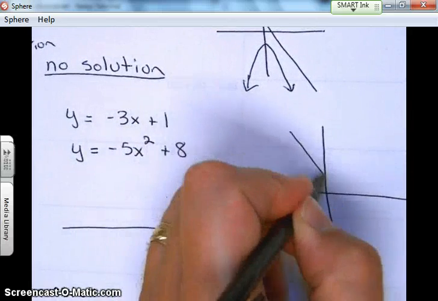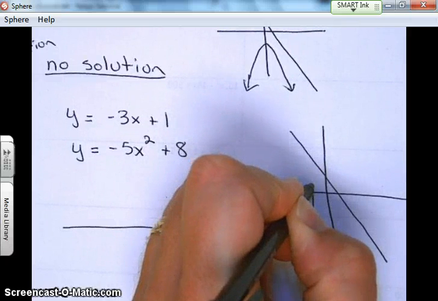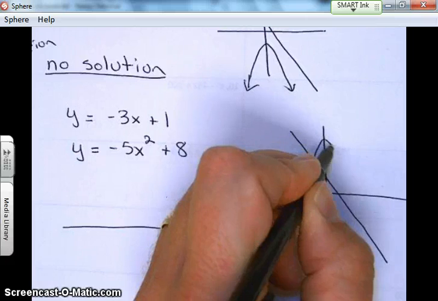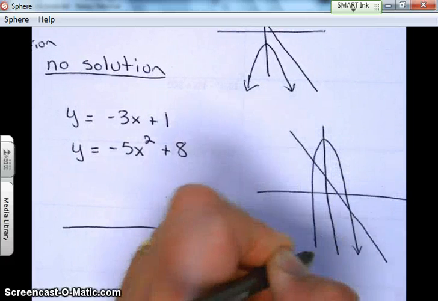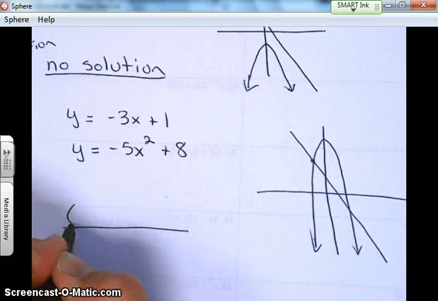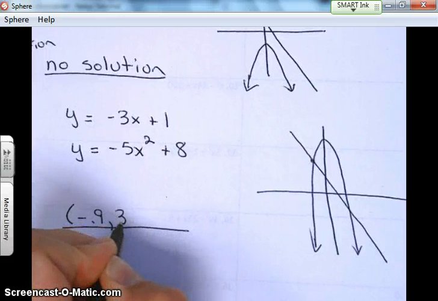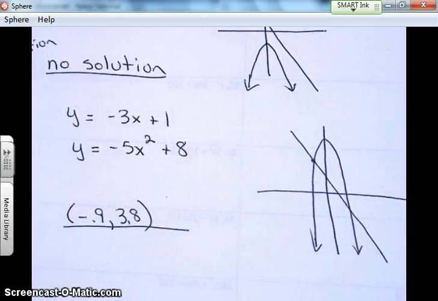So one solution, and I'm rounding to the nearest tenth here, is that.